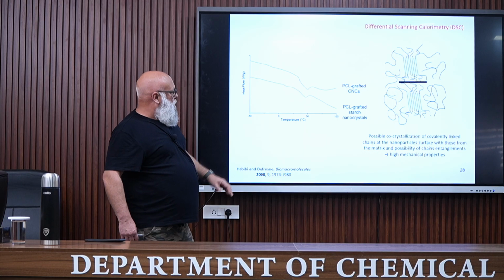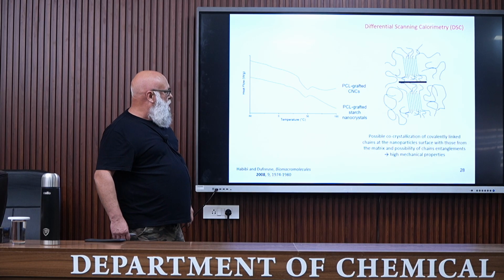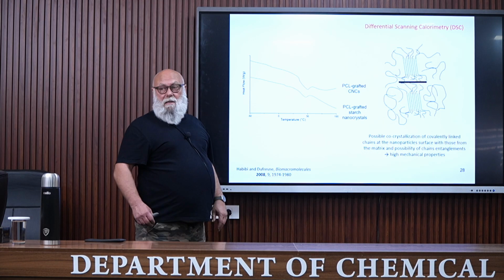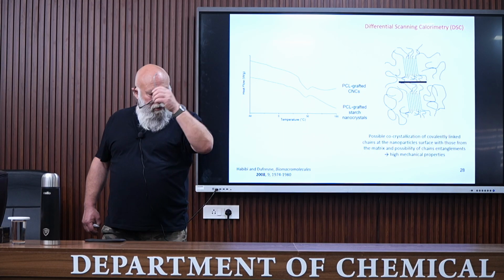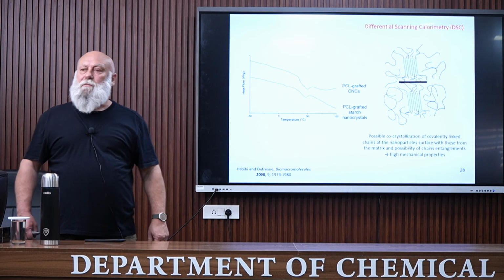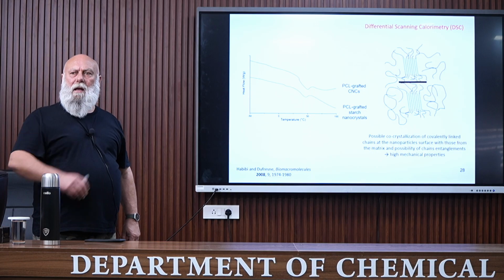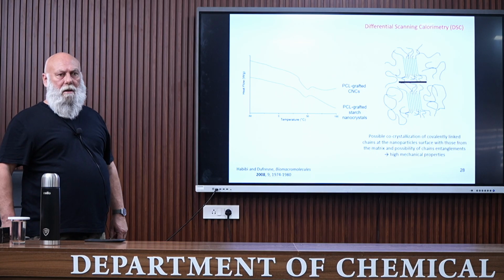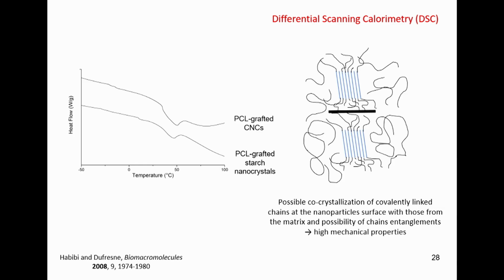And so it is associated to the grafting of this molecule. In this case, I think the molecular weight of the grafted polycaprolactone was something like 10,000 and 40,000 grams per mole, so it's quite a long molecule.